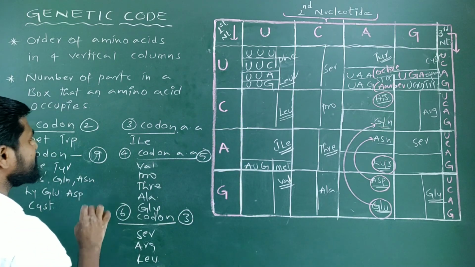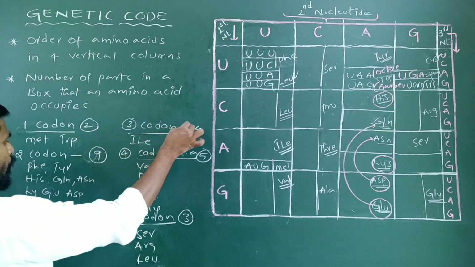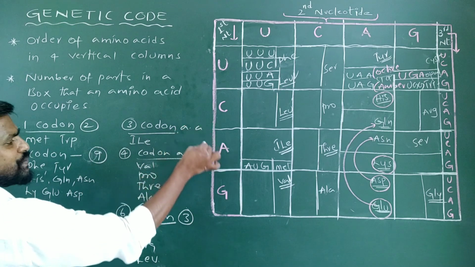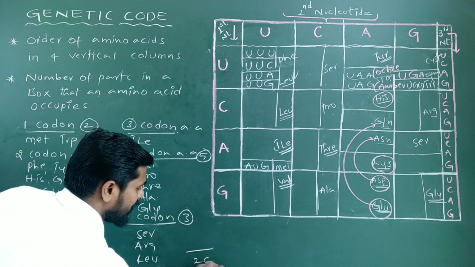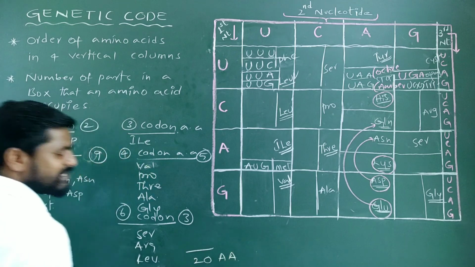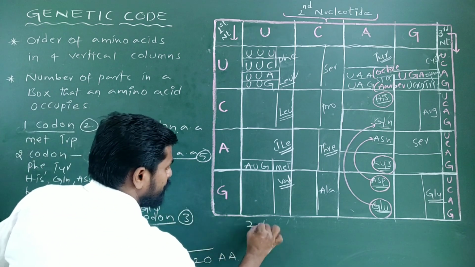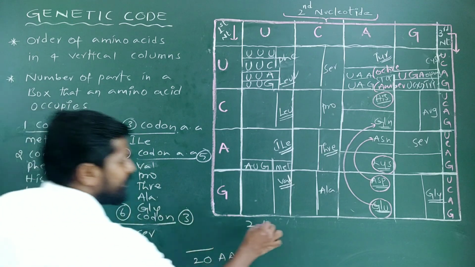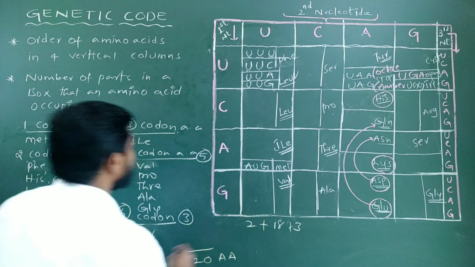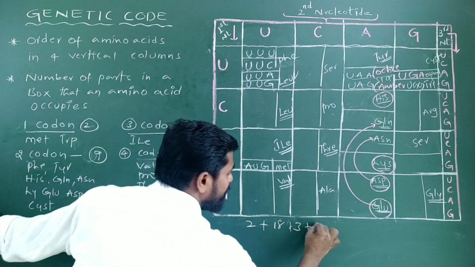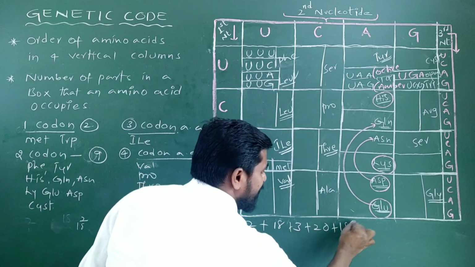Total how many amino acids here? 2 plus 9, 11, plus 1, 12, plus 5, 17, plus 3, 20. 20 amino acids. Total how many codons here? 2 ones are 2, 9 twos are 18, 1 three is 3, 5 fours are 20 and 3 sixes are 18.